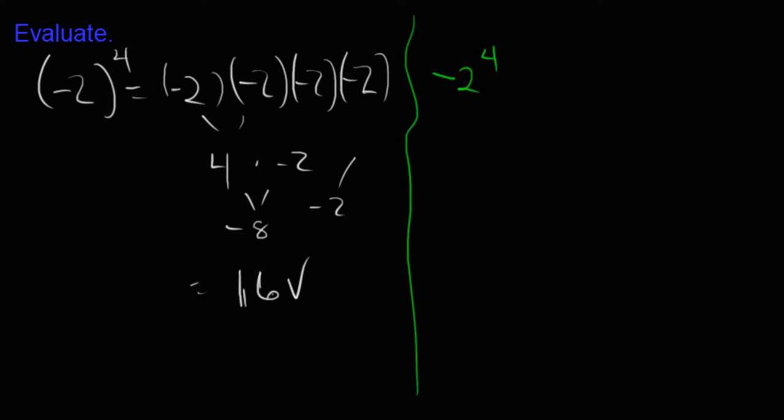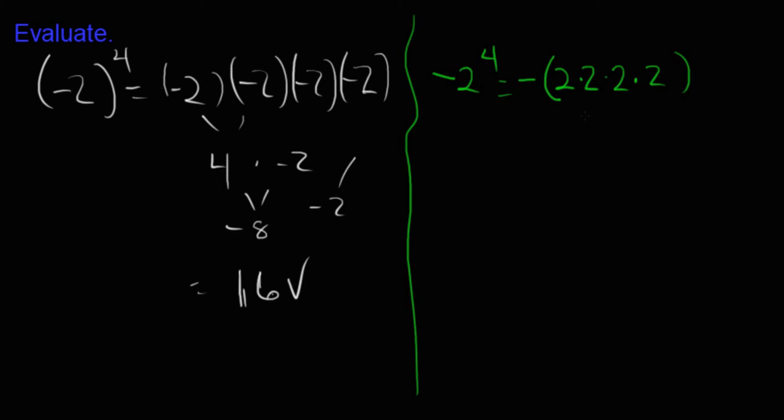Feel free to pause video. Okay, so that equals a negative out front times 2 times 2 times 2 times 2. Since we only have the one negative sign, it's not attached to the number. It just goes along out front.